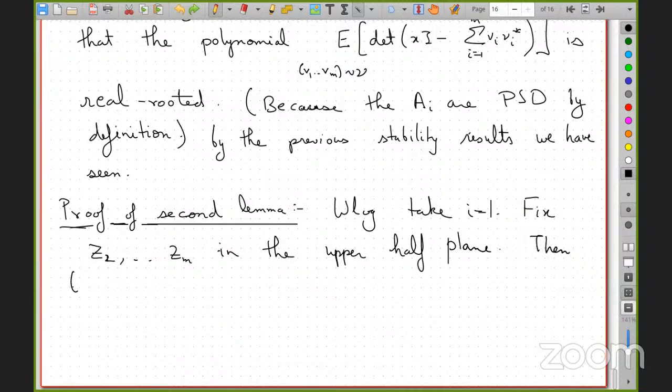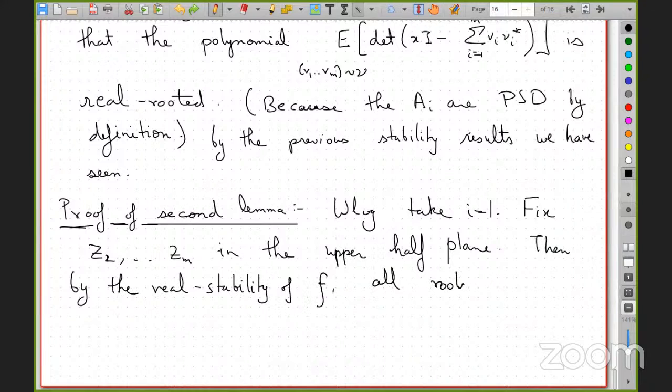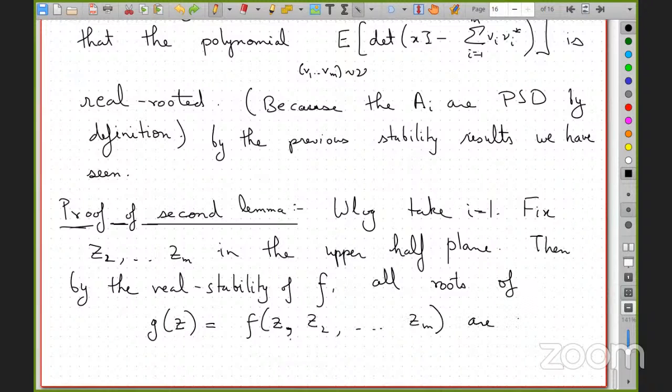Then by the real stability of f, all roots of g_z, which is just f, where the first coordinate is z and the second to m coordinates are all fixed, satisfy... let's say the roots omega of this satisfy, in omega, what should they satisfy?